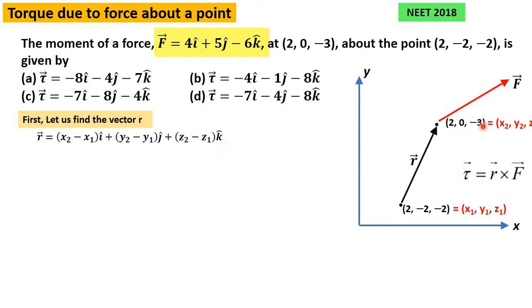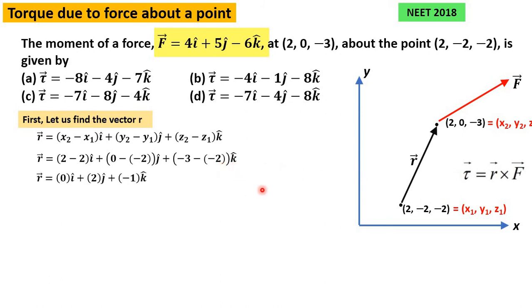So we subtract the tail coordinates from the head coordinates and we get R equal to 2 minus 2 i cap, then 0 minus minus 2 j cap, and finally minus 3 minus minus 2 k cap. And hence our R vector becomes 0 i cap plus 2 j cap plus minus 1 k cap.